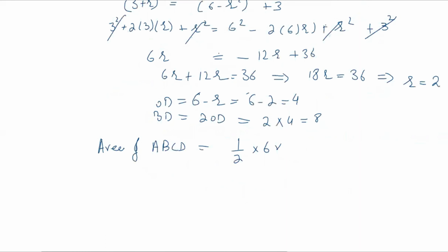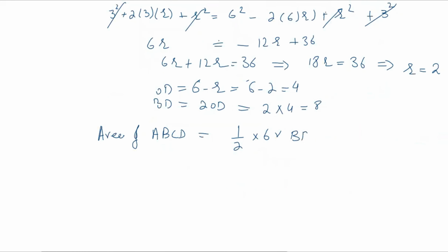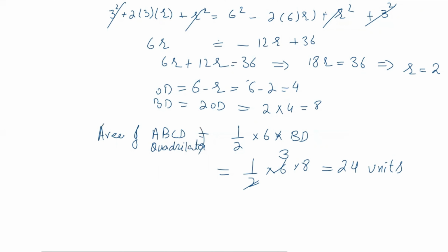Now the BD length is equal to 8. Now we can write it as 2 times 3 is 6. Now that value is equal to 24 square units, which is the area of quadrilateral ABCD. This is the answer.